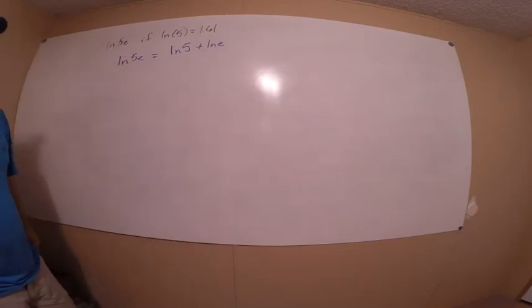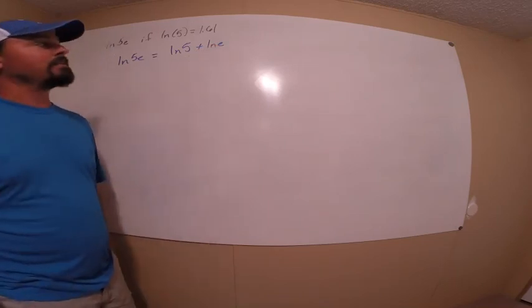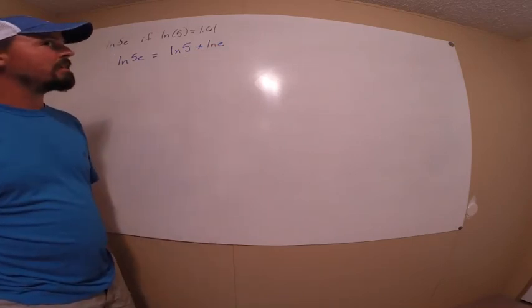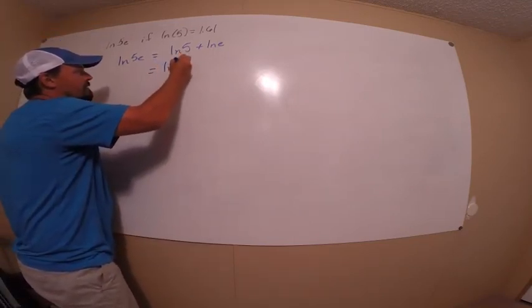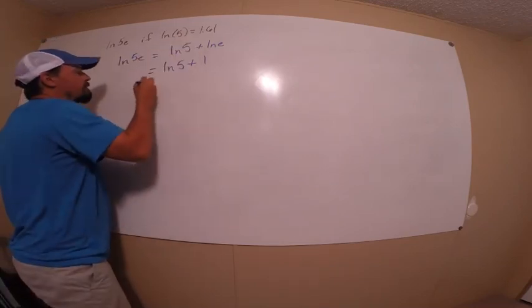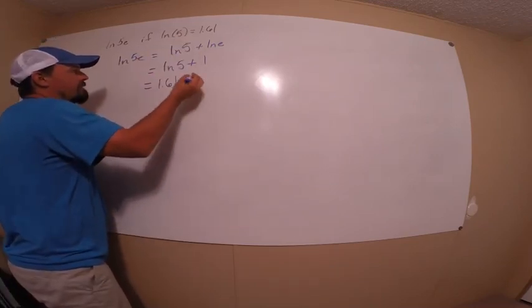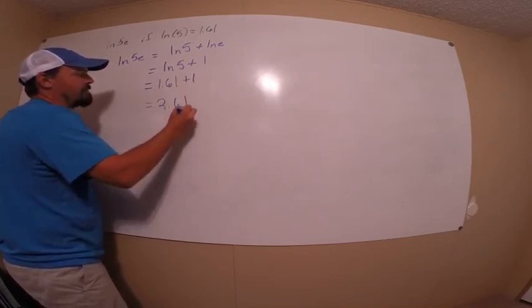Natural log of e should just be 1. Use your properties. So I've got a natural log of 5 plus 1. If I substitute this 1.61 approximately in for this natural log of 5, what I wind up with is 2.61.